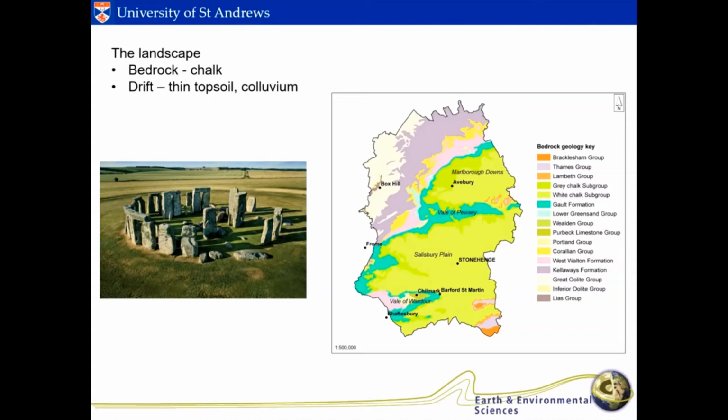Okay, the rhyolites and the tuffs, etc. The drift geology in this part of the world is a thin topsoil. We have a colluvium in places in the river valleys, but very, very little really on top of the chalk bedrock.